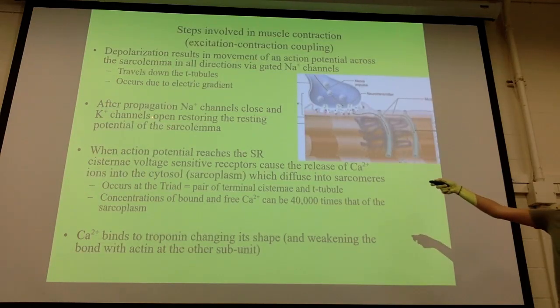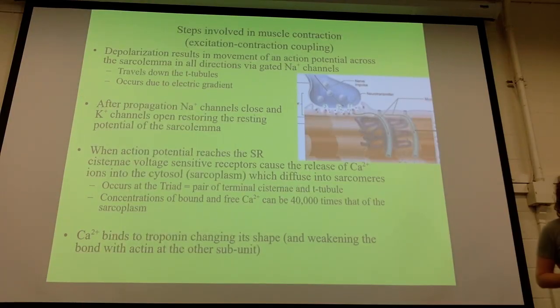Okay, after propagation, sodium channels close and calcium channels open, restoring the resting potential of the sarcolemma. This step means after propagation is after the action potential has traveled throughout the muscle fiber. That's all that is. It's sent its message.